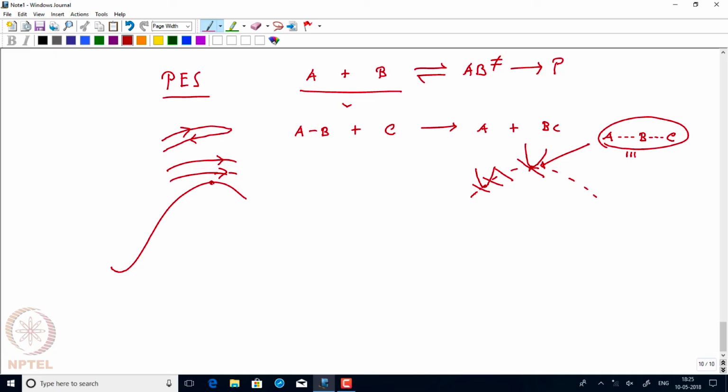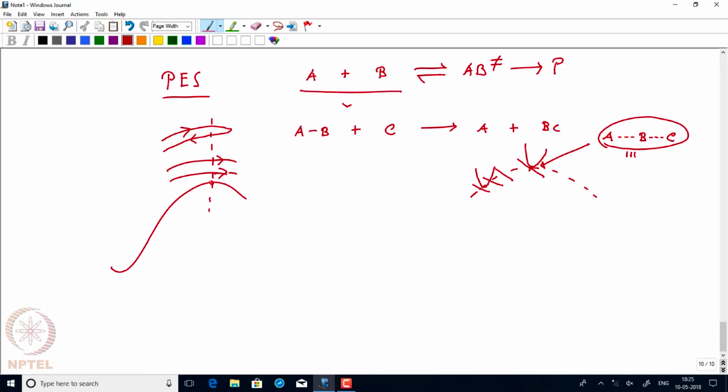So if you calculate the number of trajectories at the saddle point, you may not get the correct answer, because you might have a recrossing near the saddle point. There you talk about the position of the transition state to be the position where the number of recrossings is minimum. This is called variational transition state theory. I am not going into the details of that.